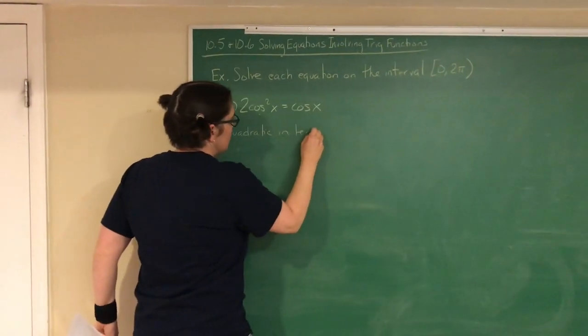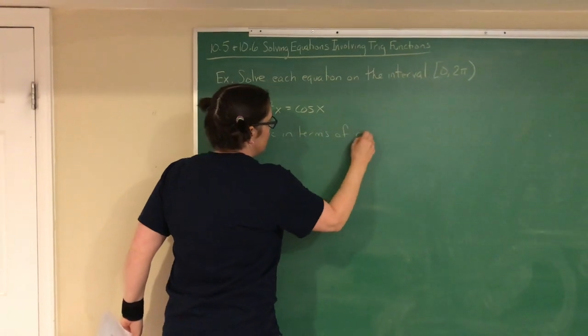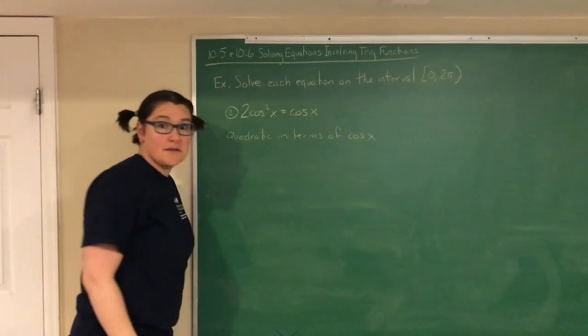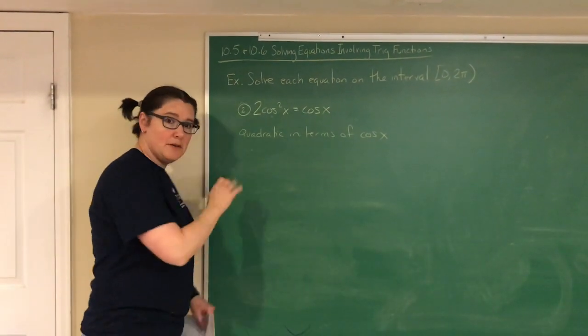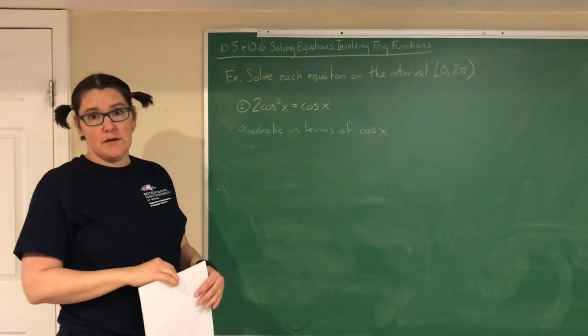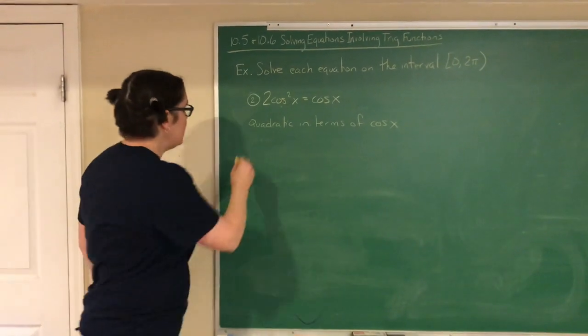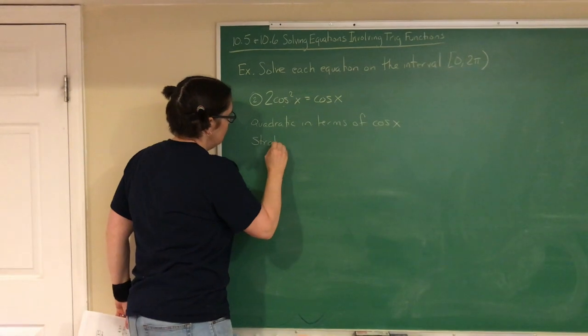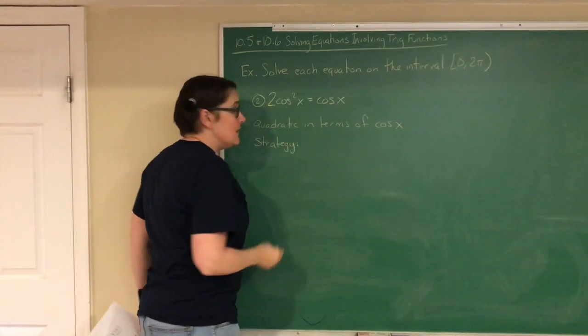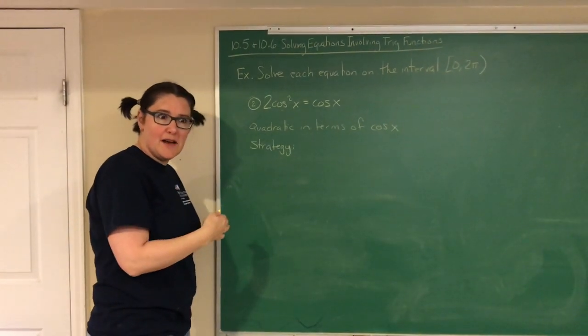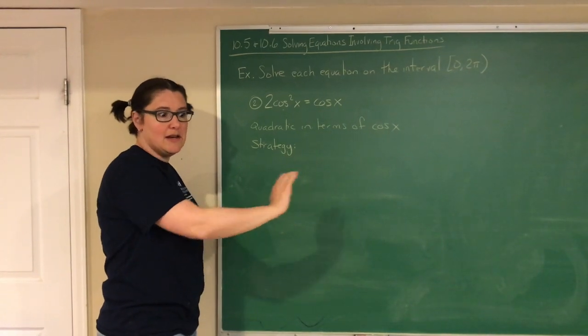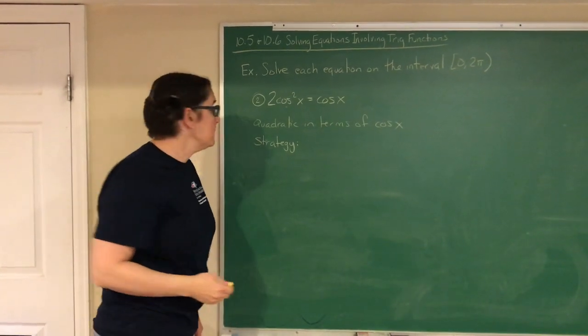in terms of cosine of x. So my strategy, because I have a power higher than 1 on one of my trig functions, my strategy is to move all the terms to one side, have a 0 on the other side, and then ask the question, can I factor?